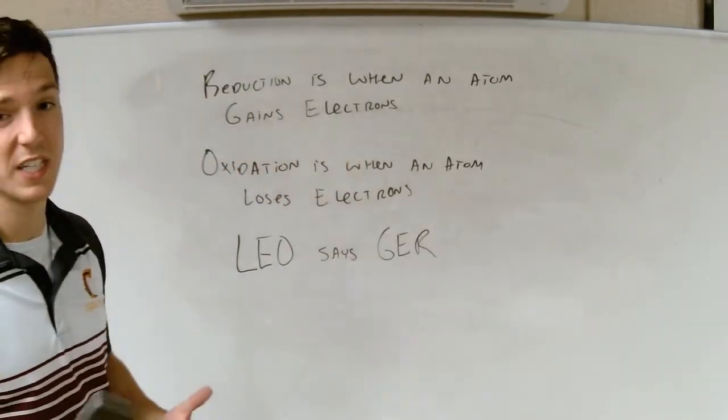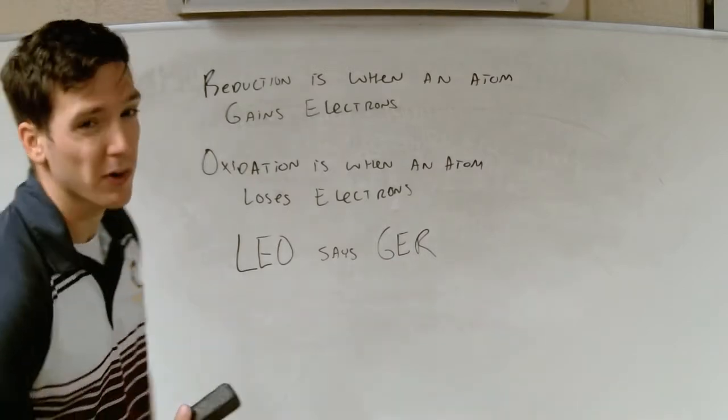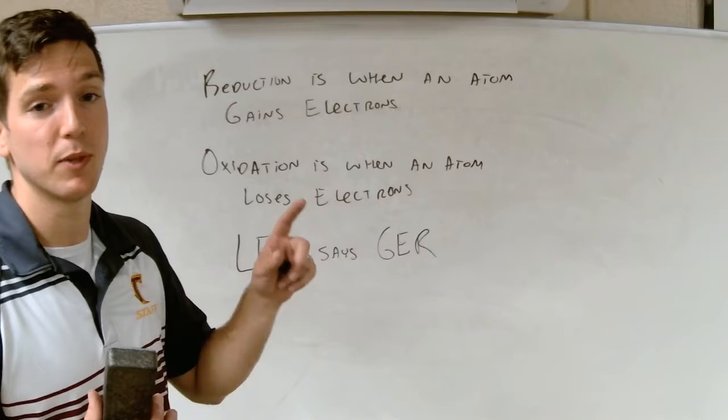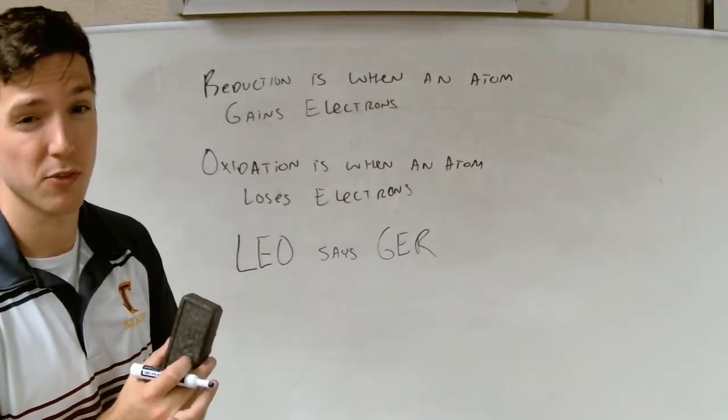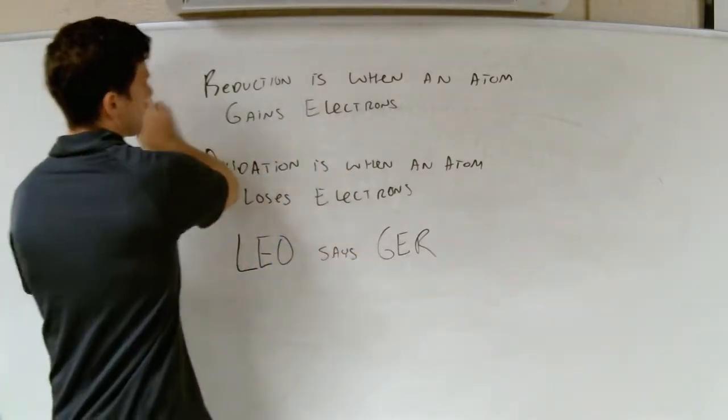Some things we need to know. There are some rules for redox reactions. What we're doing mainly for this is labeling oxidation numbers. So if we want to label oxidation numbers, we need to know the rules for them.